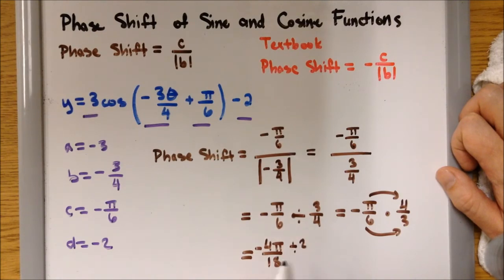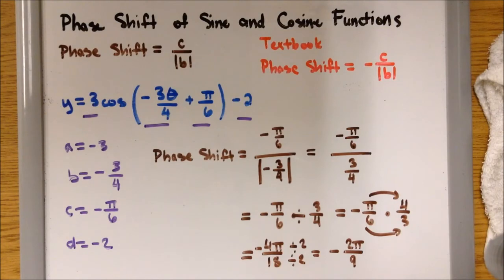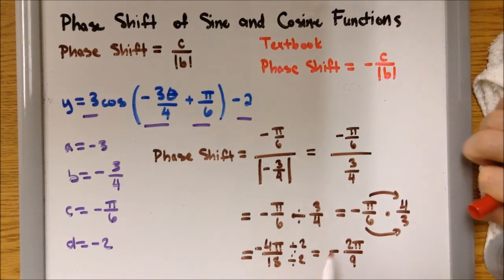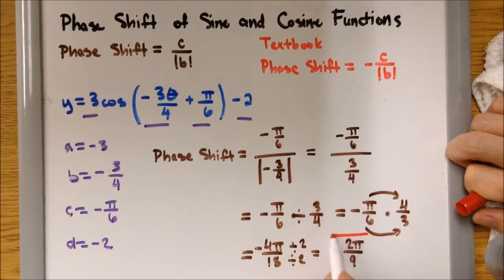So dividing the top by 2, dividing the bottom by 2. So negative 4 pi divided by 2 is negative 2 pi. 18 divided by 2 is 9. So our phase shift is negative 2 pi over 9.